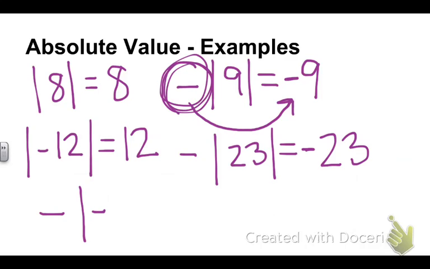What if it was a negative absolute value? The absolute value of -7 is 7, and what is the opposite of 7? -7. So it's not necessarily always going to be a positive answer. You've got to watch what is written outside of the absolute value symbols.